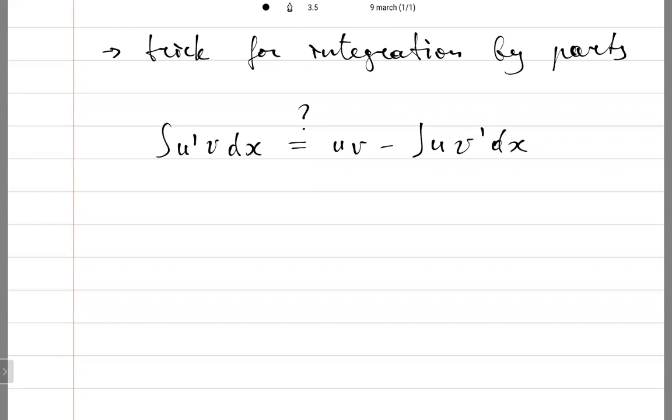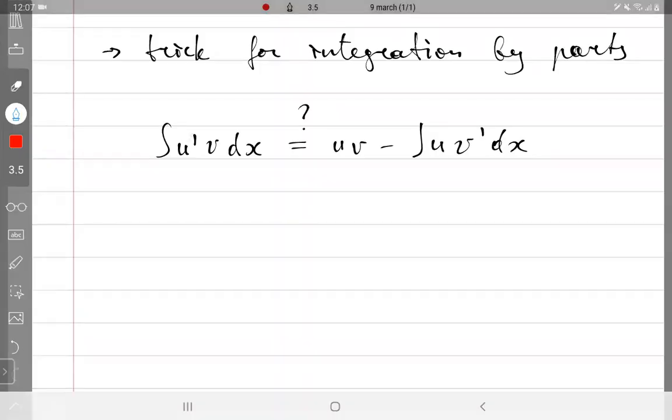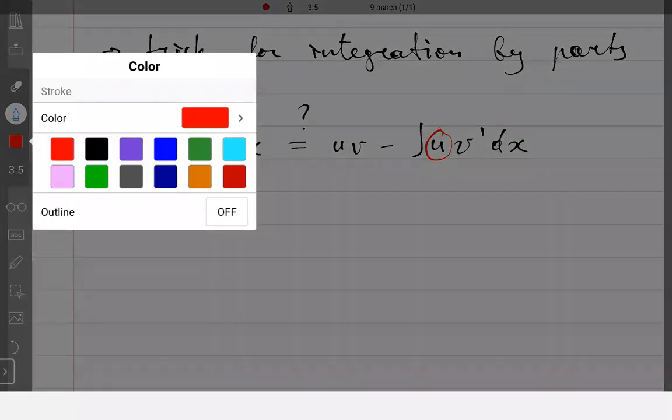Exactly right. But my trick is not about the integration by parts itself, but if I apply it twice, I see that u has one derivative less, and v has one derivative more.